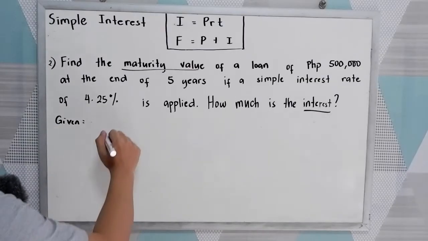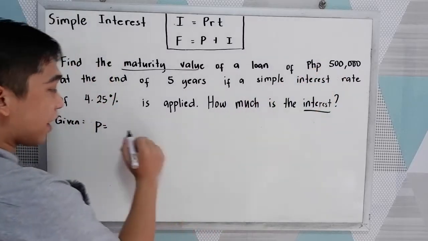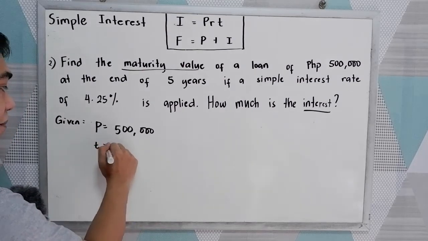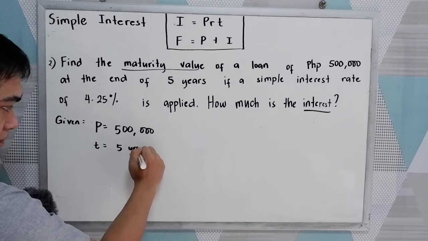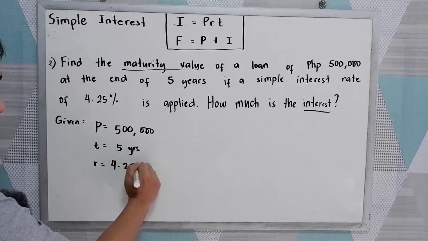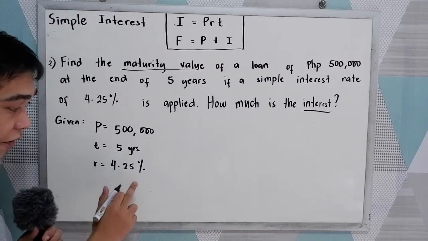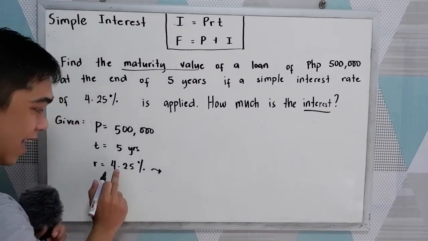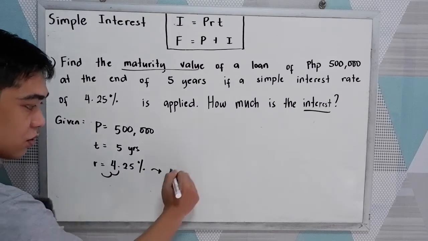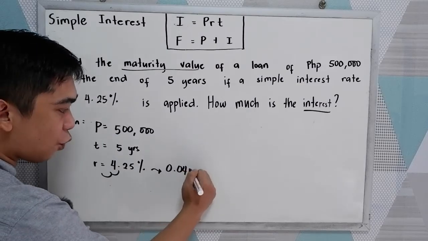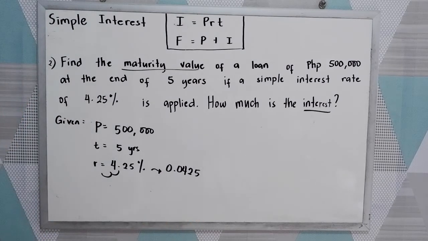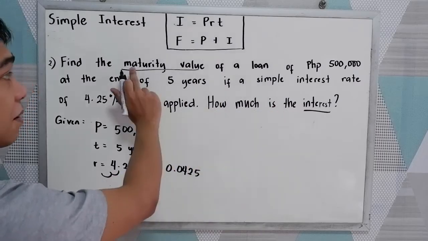The principal is 500,000 pesos, and our time is 5 years, and our rate of 4.25%. 4.25% in decimal, move the decimal point to the left twice, 1, 2, so that would be equal to 0.0425. This is the equivalent in decimal.